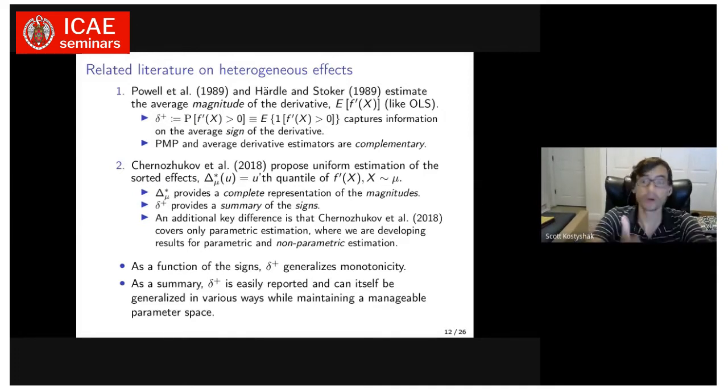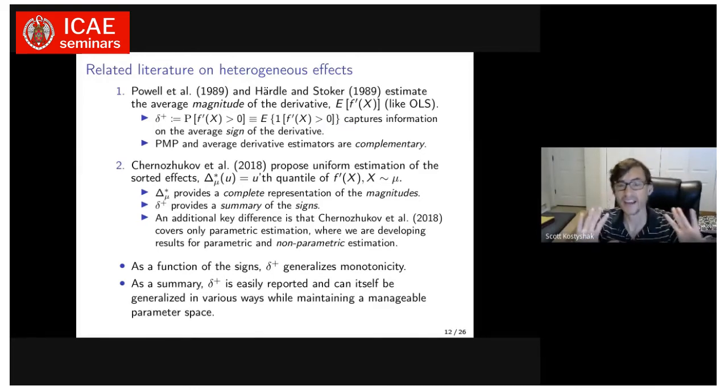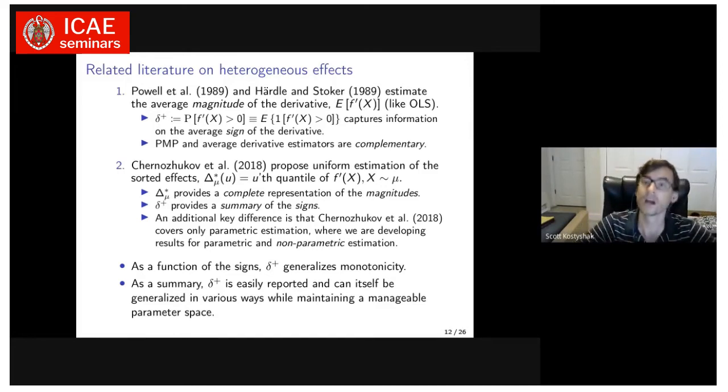So you can imagine OLS is an average effect estimator, and we're not trying to replace that. We're not suggesting PMP should be used instead of that. We're suggesting that they can be complementary. They both pick up different things. So the PMP picks up only whether the effect is positive or negative, and the OLS, or the average effect estimator, picks up more about the magnitude of the effect.